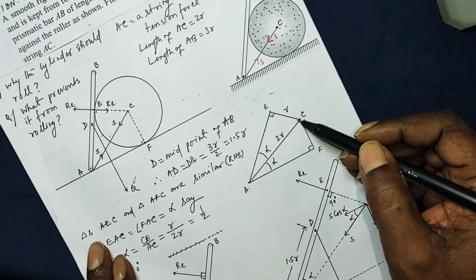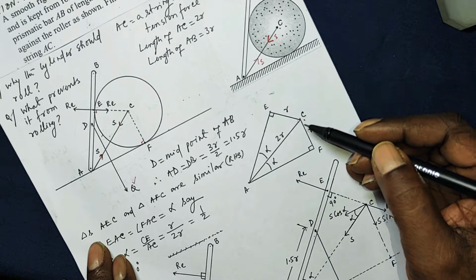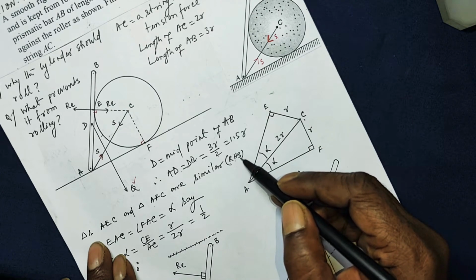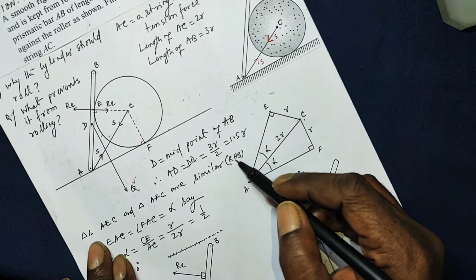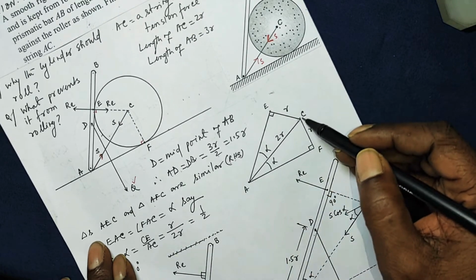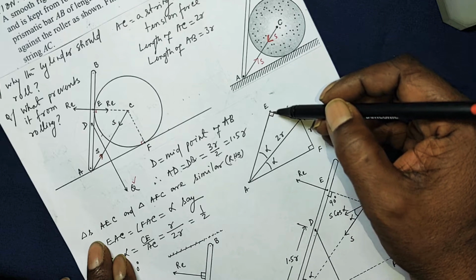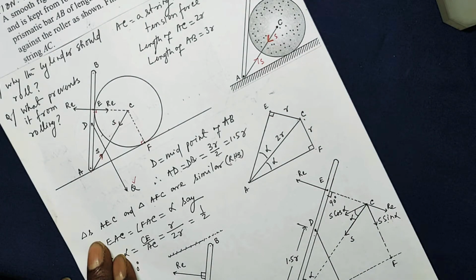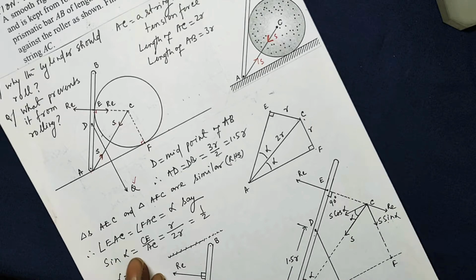This is the hypotenuse. And there is a theorem called RHS, right angle, hypotenuse, side. This is the right angle, the hypotenuse, and which side is the same? From E to C is equal to from C to F, that is equal to the radius of the cylinder. So under these three conditions, the two triangles are congruent.